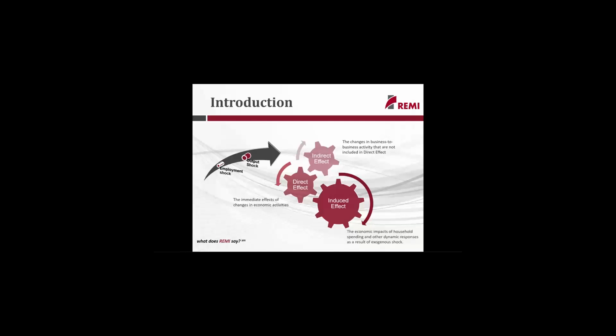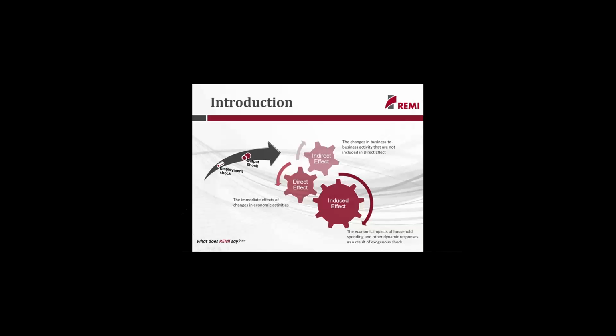Before I introduce the concepts, let's think about a simple question. Suppose there is a $1 increase in local firm sales, then how can $1 of revenue support more than $1 of output in the local economy? To answer this question, we can break down the total economic impacts into direct, indirect, and induced effects.